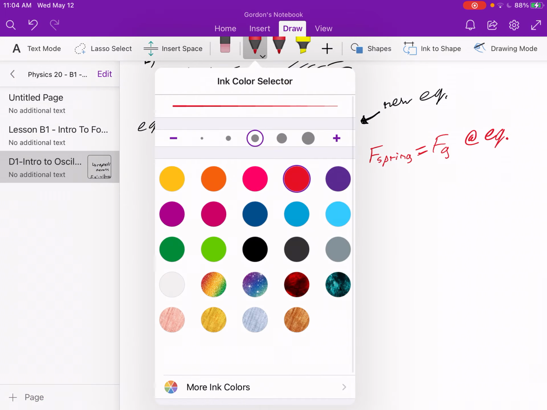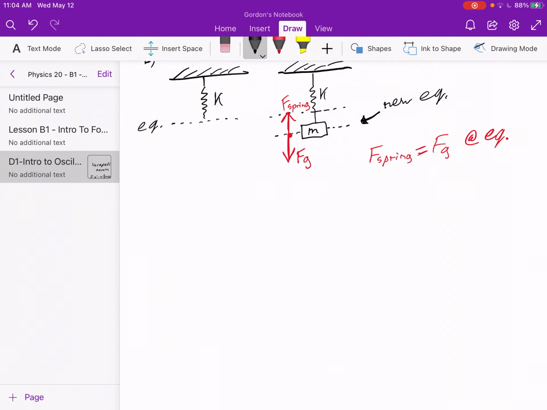So let's take a quick look at this as an example here as well. I'm running through this fairly quickly, but I know these videos can be a little bit hard to watch if they're too long.